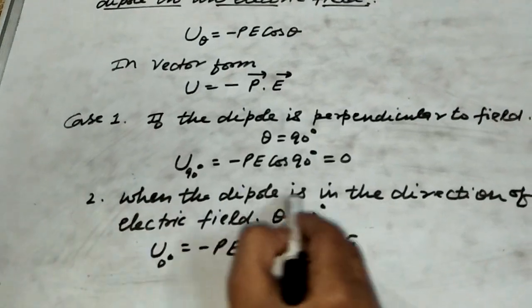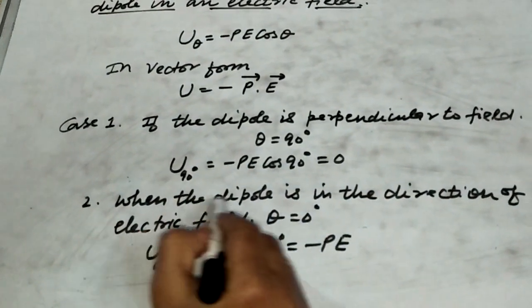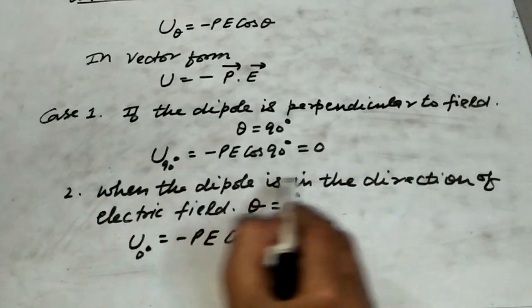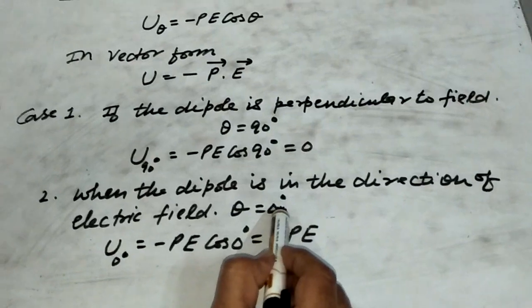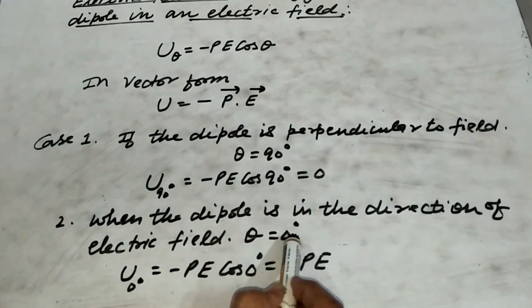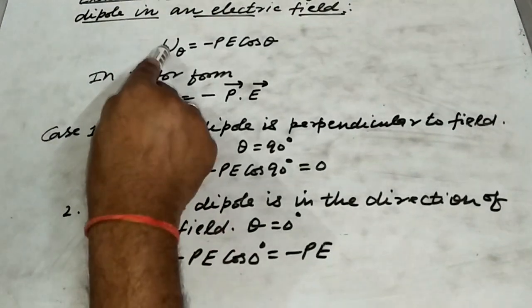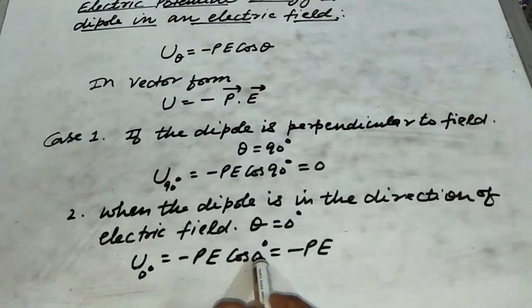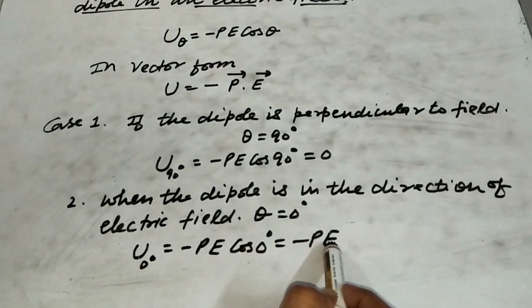Similarly, when the dipole is placed in the direction of the electric field, theta becomes 0 degrees. What is the potential energy of the dipole in that situation? Here you take theta equal to 0, so U0 = −pE cos 0. Cos 0 is 1, so you get −pE.